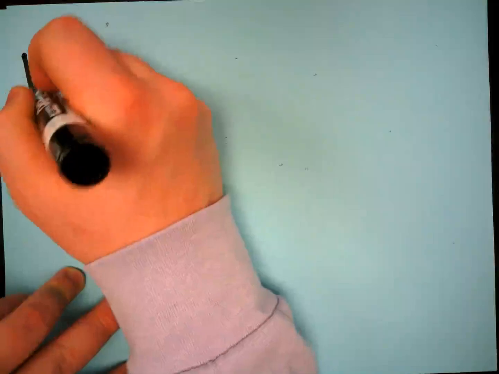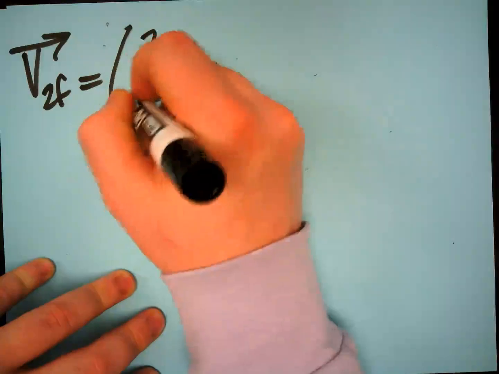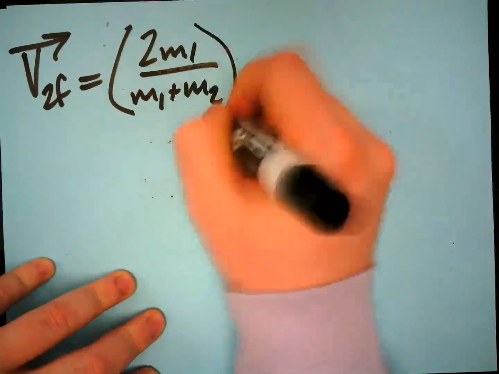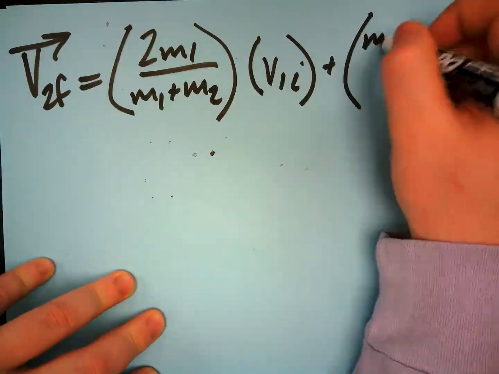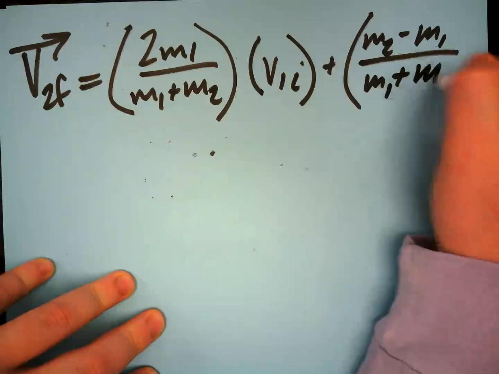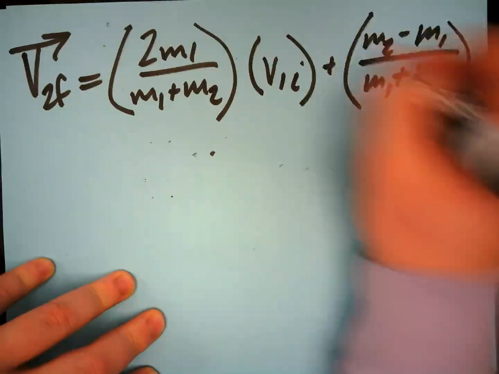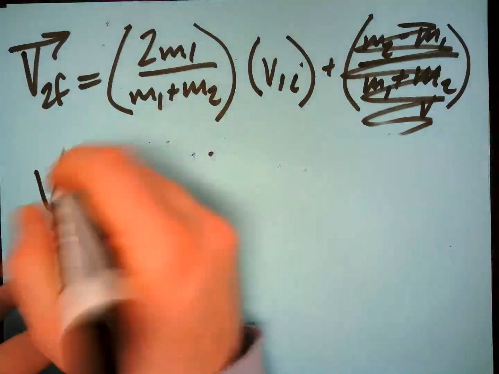And then we're going to find the final velocity for our helium atom, which we're going to find by doing this: 2 M1 over M1 plus M2 times V1I, plus the other term. Again, we get to ignore this because this is 0, so we're just not going to worry about that side, because again, the velocity is 0, it's at rest.